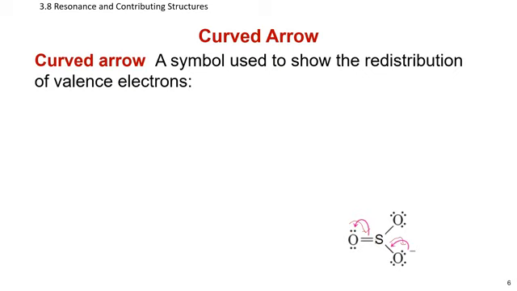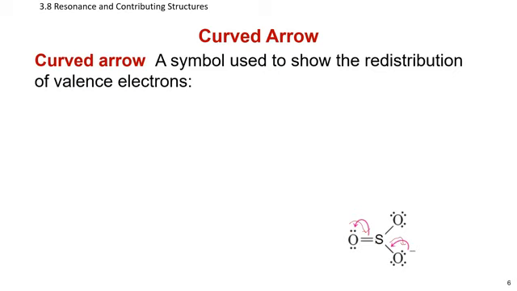You might think why I need to know about this. But when you look at organic molecules, for example, benzene, there are three double bonds, but these three double bonds could be in between here too.